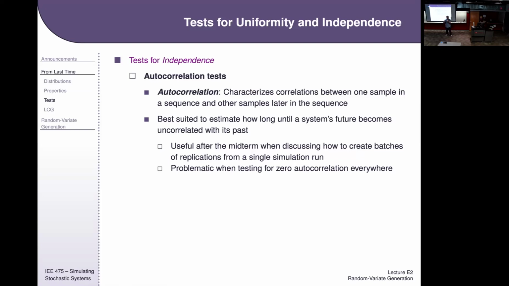They're less interesting for testing for independence because they will end up fishing a lot, because you have to look for autocorrelation at all of these different delays, and eventually you just get a false detection and you have to deal with that. So they're not really good for testing for independence. They're more good for figuring out how far away two samples have to be before you regain independence. And that's something we'll see after the midterm when we start talking about batching.